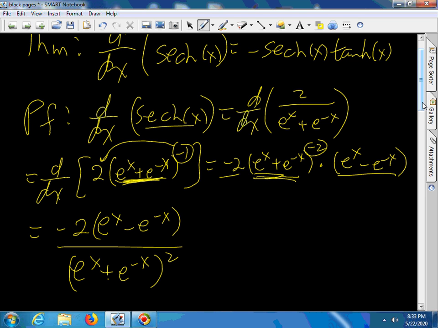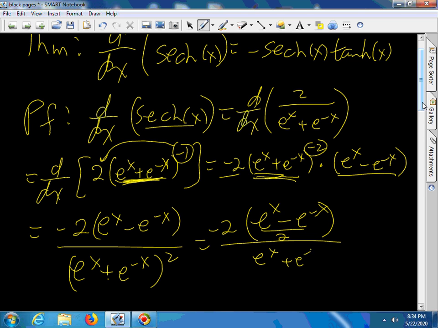Now, let's be careful. If I take the e to the x minus e to the minus x and divide by 2, and then in the bottom, I take e to the x plus e to the minus x over 2 and square it, that means in the top, I multiply by a half, and in the denominator, by a half squared, or a quarter.